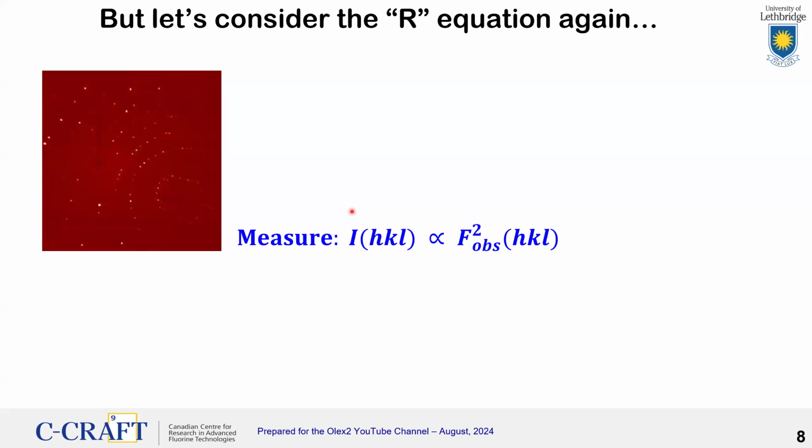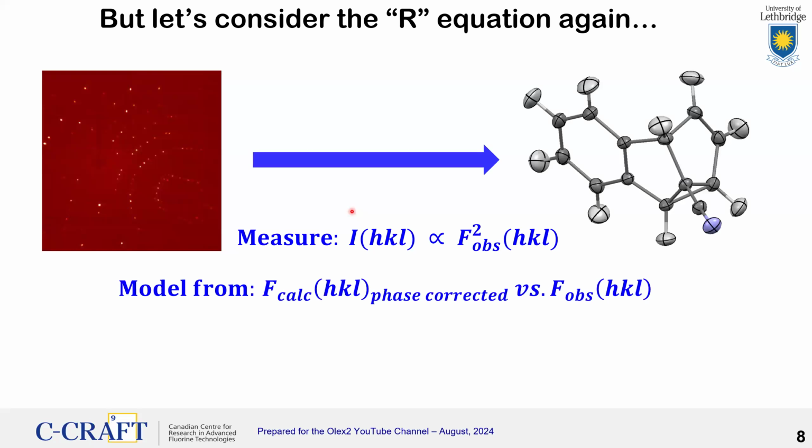That's the experimental measurement. But to get a structure, it's a bit of an involved process, and I'm greatly simplifying it. The procedure, nevertheless, always involves building a model. So structure determination crystallography is always done on the basis of model building.